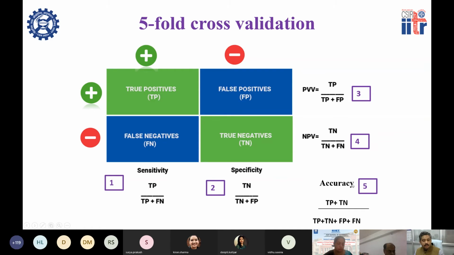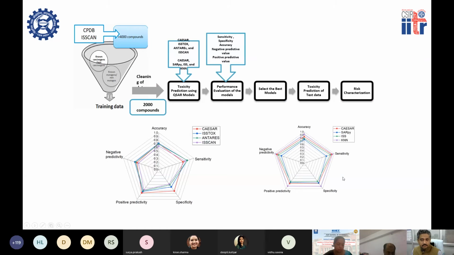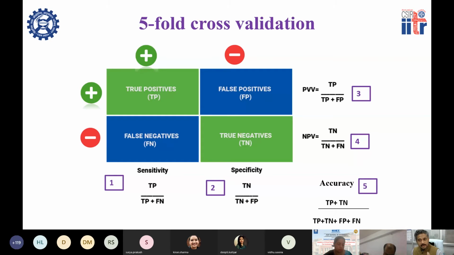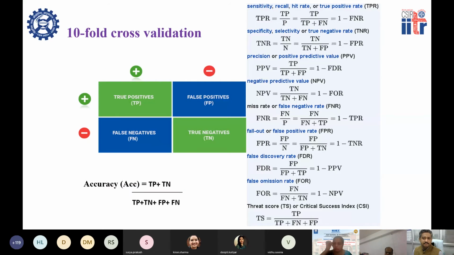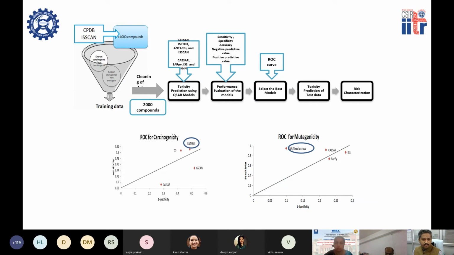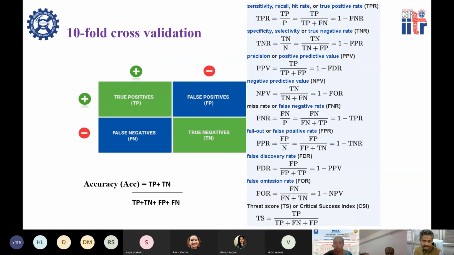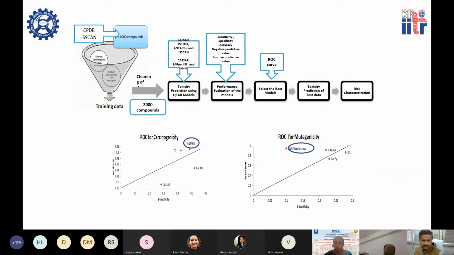These are the 5 model plots we made, showing how each model performed in terms of these 5 selected criteria. There are 10 criteria also available, and we have started using them for some other cases. In this particular work, we used the five-fold cross validation analysis. Further, we got the ROC curve that identified which model performed better for the 2000 chemical compounds we had chosen.